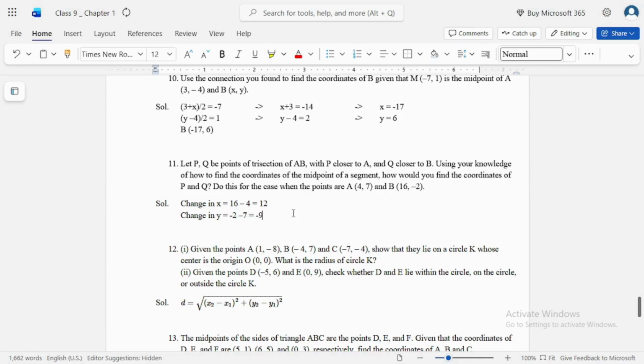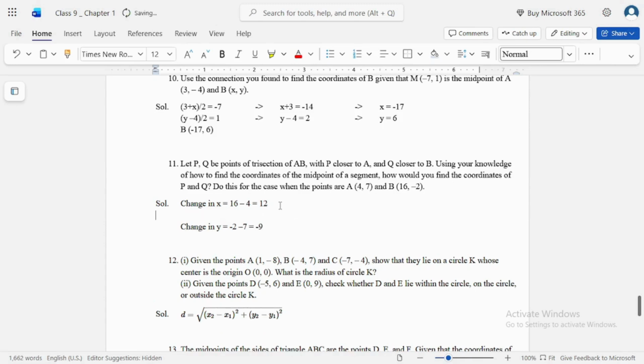Now this is the total change, but we have to find the change in one trisectional part, right? So change in x in one trisectional part will be equal to the total change in x divided by 3, as this is trisection, right? So 12 divided by 3, which will be equal to 4.